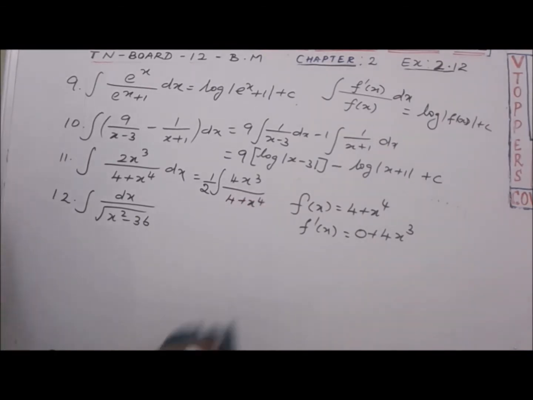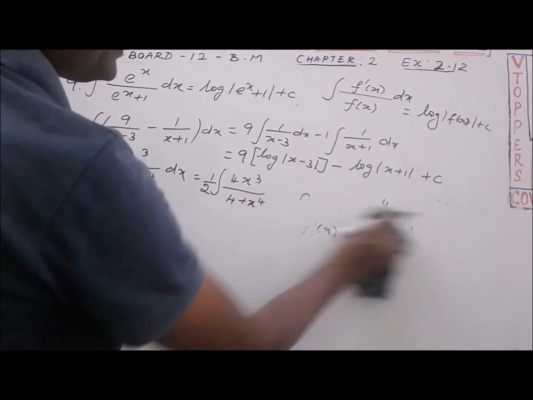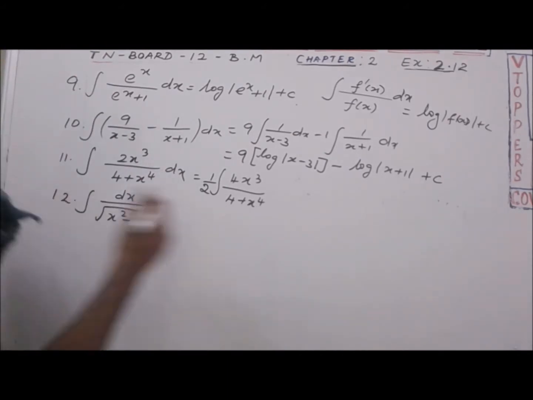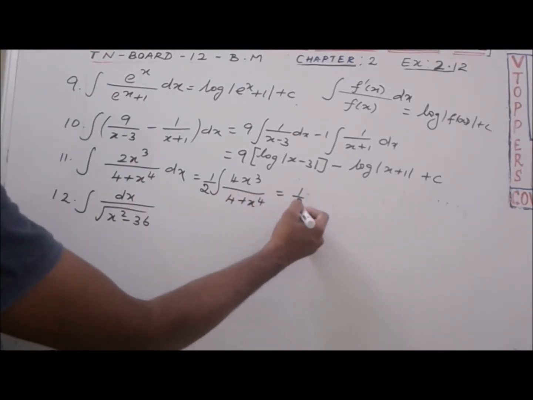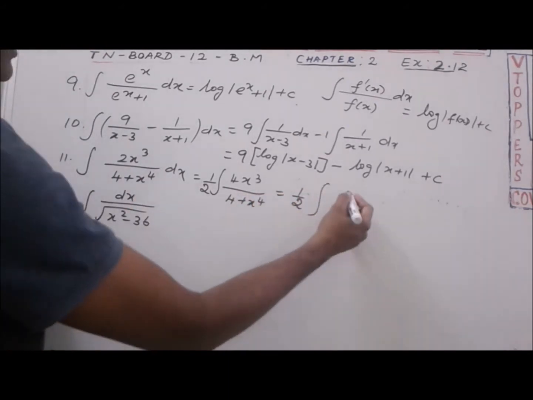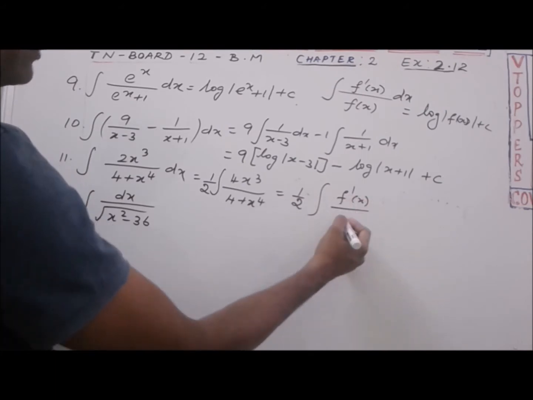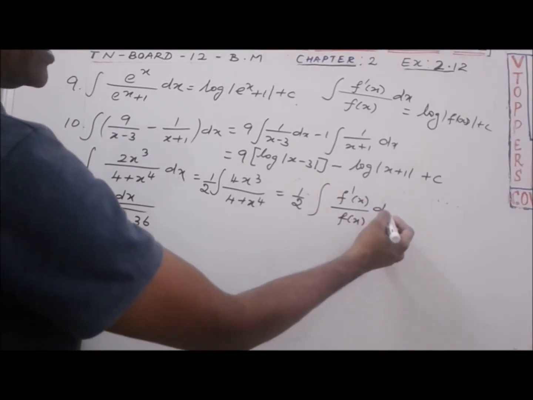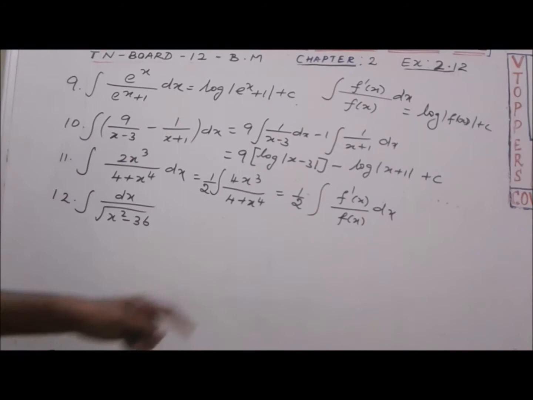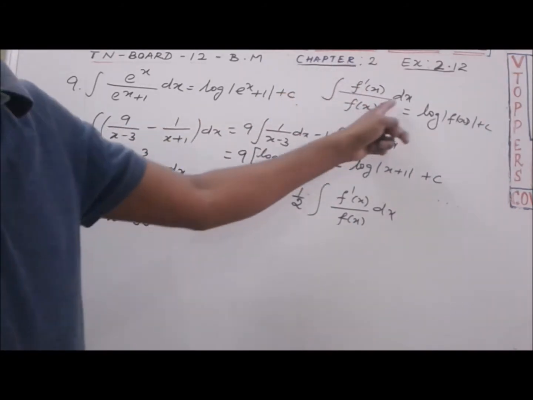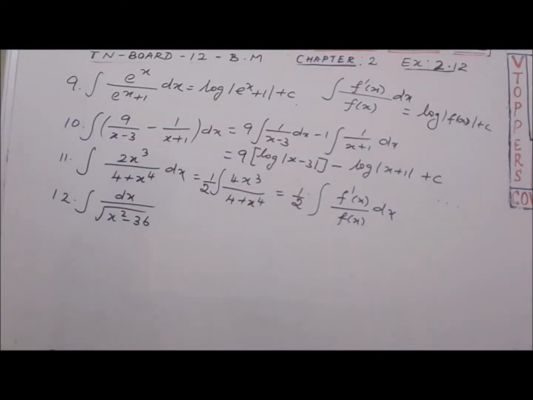Now this is in the form of 1 by 2 integral f dash of x divided by f of x dx. Look at the above formula: integral f dash of x by f of x dx is equal to log of modulus of f of x plus c.